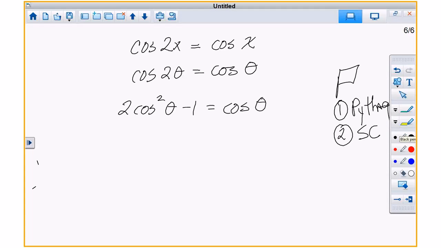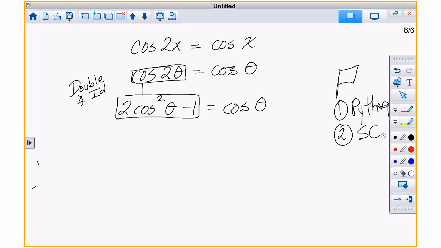How we doing, Skype people? Can y'all still talk? We're doing good. I just need to see the next step. What is that called? Double angle identity.